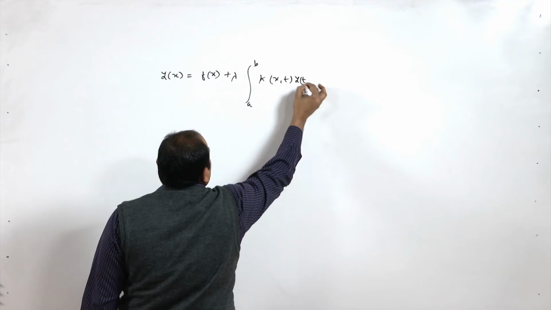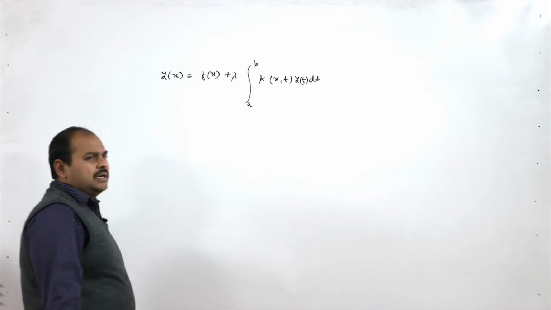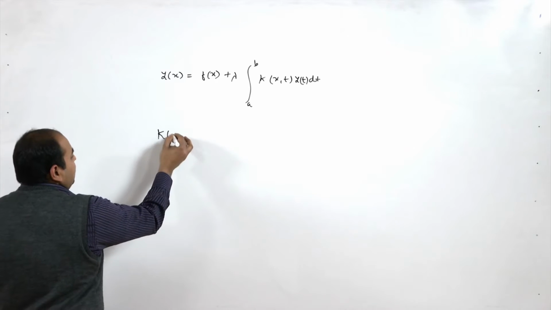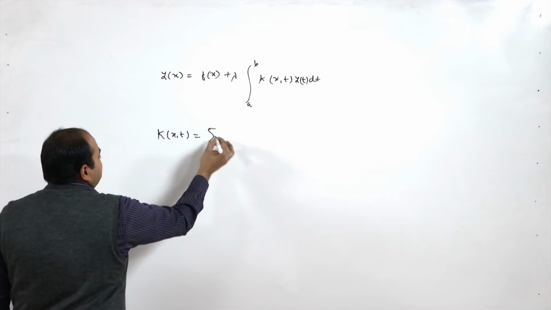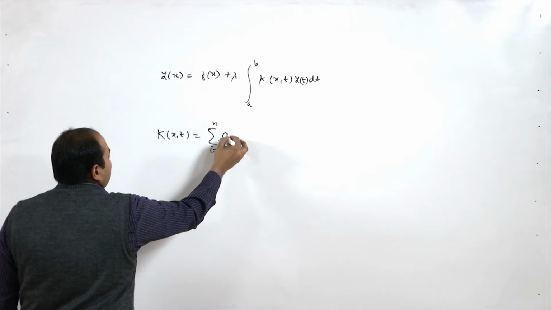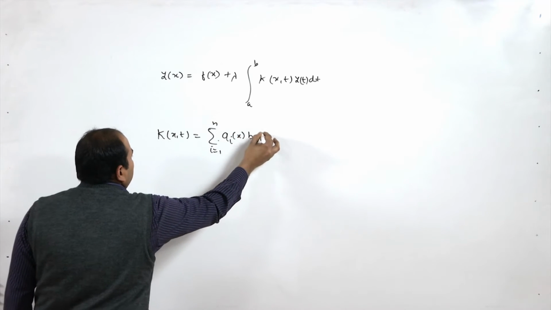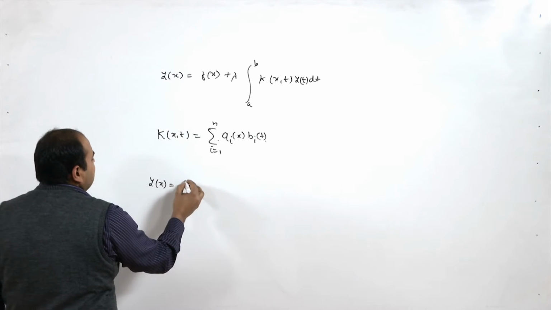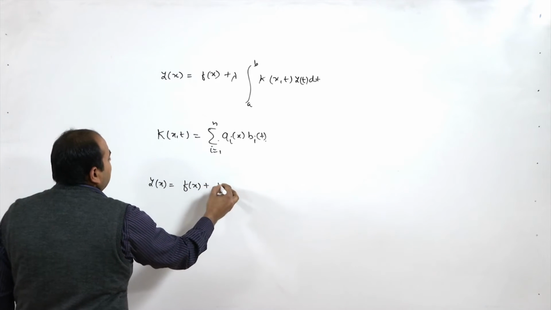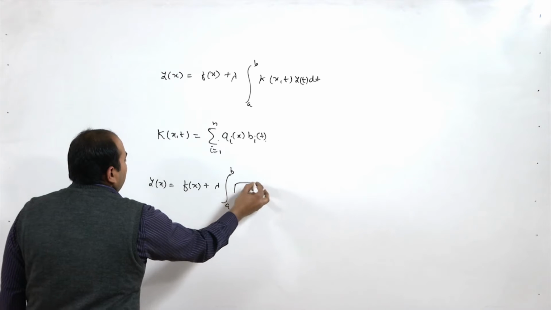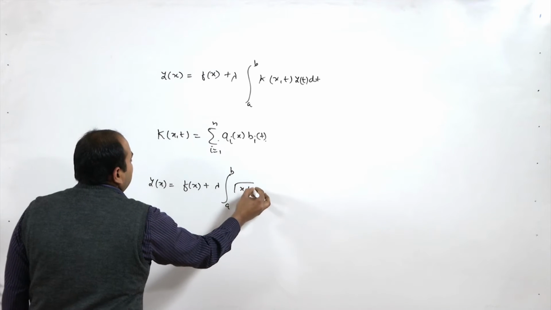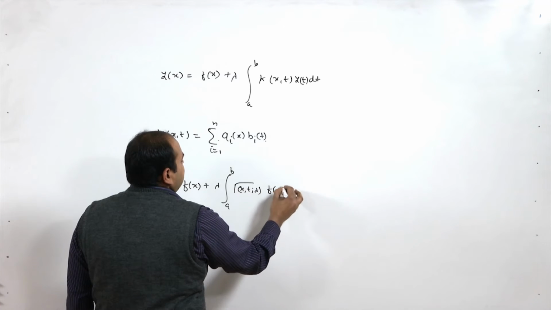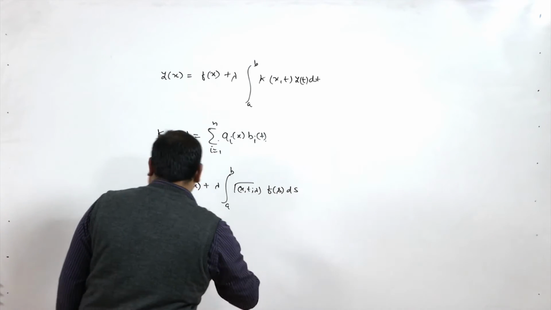y(t) dt. So in a previous lecture we have seen that if this k(x,t) is of separable type, summation i equal to 1 to n a_i(x) b_i(t), then we can write down the solution as y(x) equal to f(x) plus lambda times integral from a to b of gamma(x,t,lambda) f(t) dt.